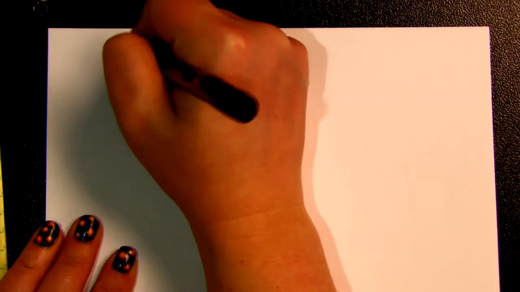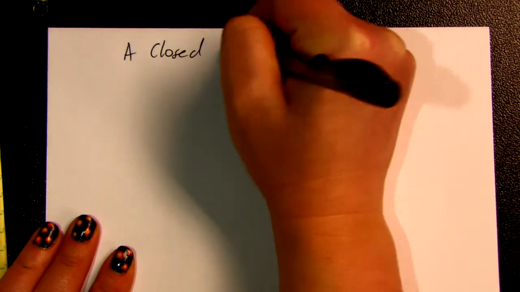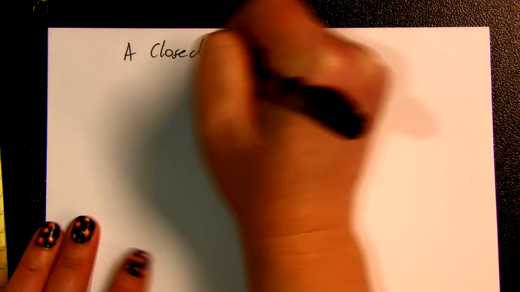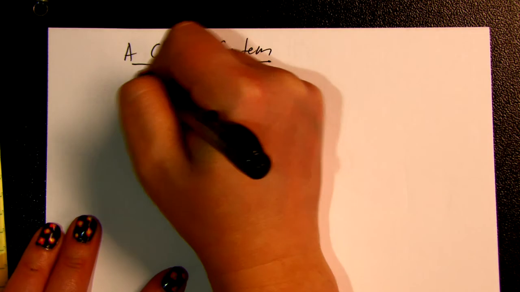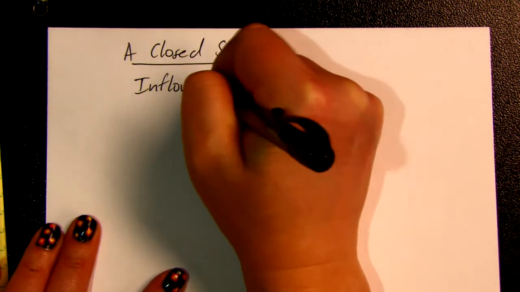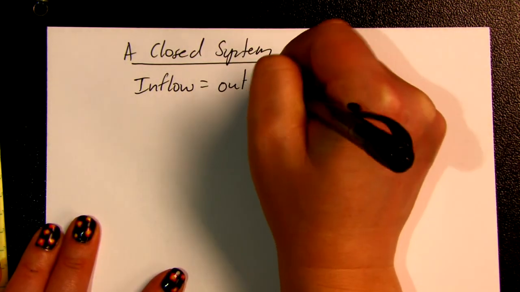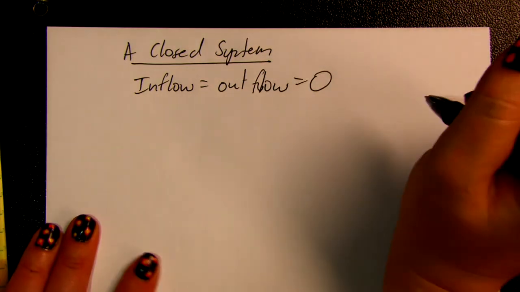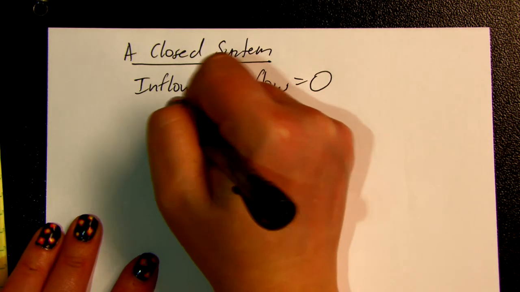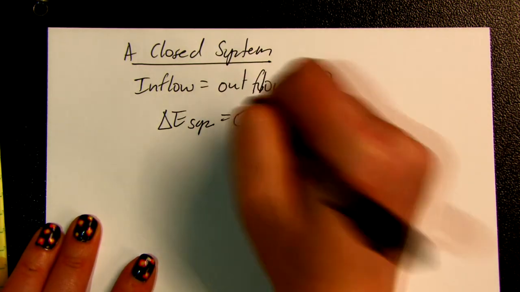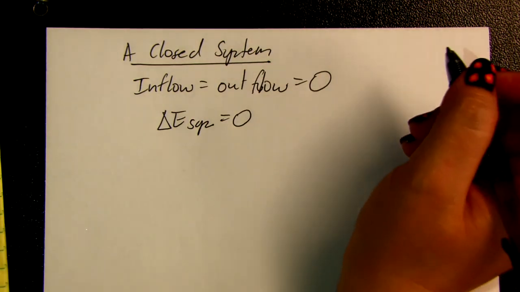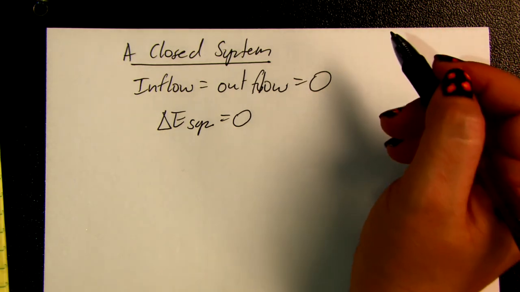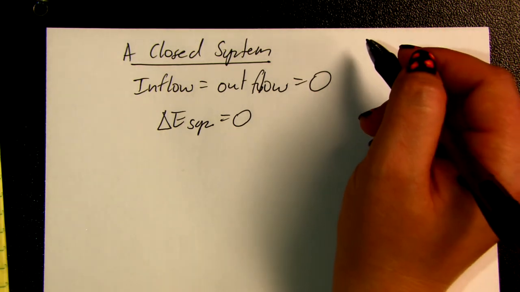Now, if you can set up your system in such a way that you have a closed system, so in this case, inflow minus outflow is equal to 0, then delta E system is equal to 0. And really the call about a closed system has to do with closed enough.